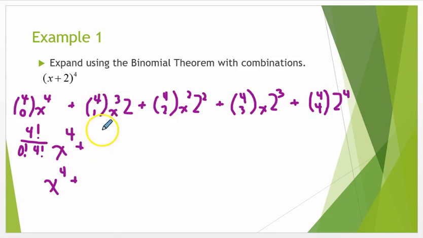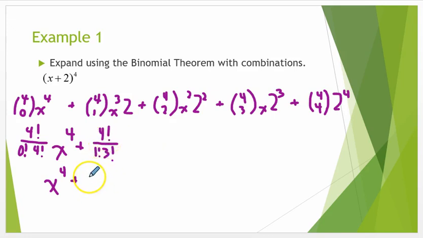The next one would be 4 factorial over 1 factorial, and then 4 minus 1 is 3, so 3 factorial. Now 1 factorial is still just equal to 1. So all that would be changing on this one is you would have 4 times 3 times 2 times 1 and 3 times 2 times 1. Well, that means the 3's, 2's, and 1's would cancel.